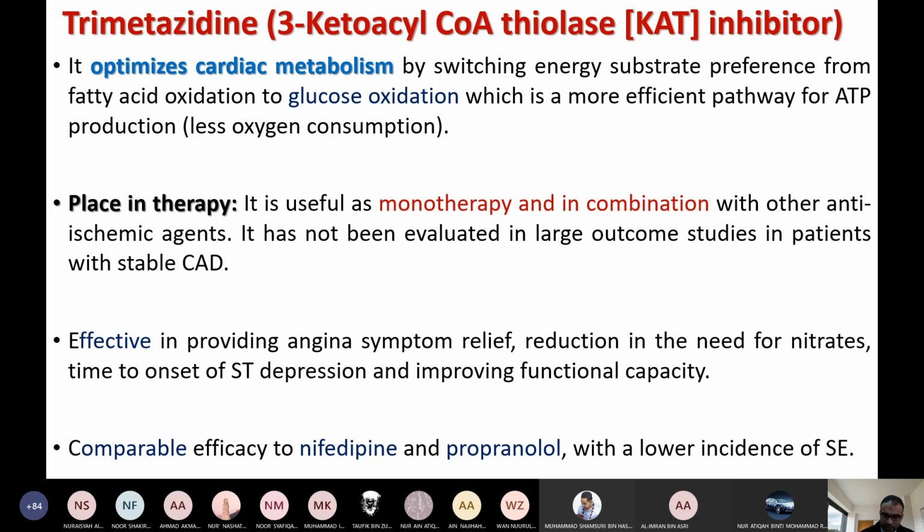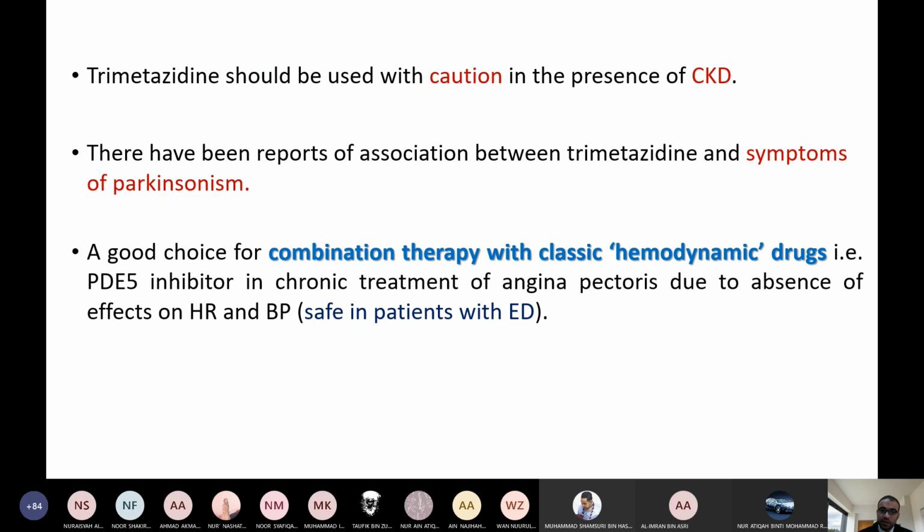But actually, there is no large outcome trial recently supporting trimetazidine, but there are many small trials, especially in Europe, supporting trimetazidine as one of the effective anti-ischemic medications. It is effective in achieving symptomatic relief, and also as effective as nifedipine and propranolol with a lower incidence of side effects. This is the evidence of the trials. Trimetazidine is not recommended in patients with advanced CKD, so it is used with caution in general.